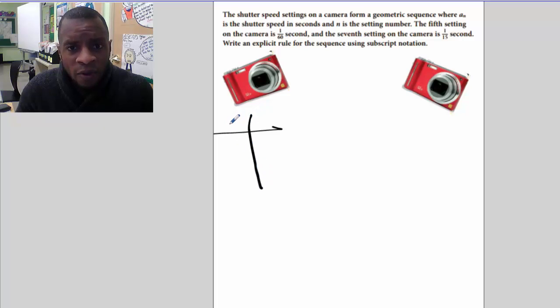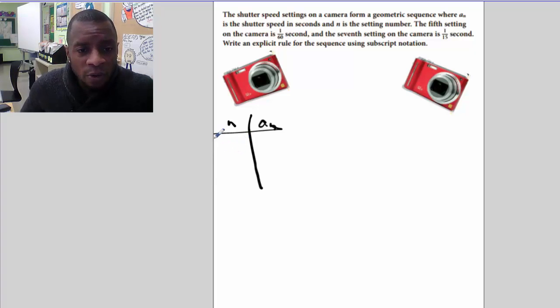So we have n and we have a subscript n. Okay, and so we have that the 5th setting on the camera is a 60th of a second, and the 7th setting on the camera is a 15th of a second. Okay, and we want to write an explicit rule for this sequence using subscript notation.